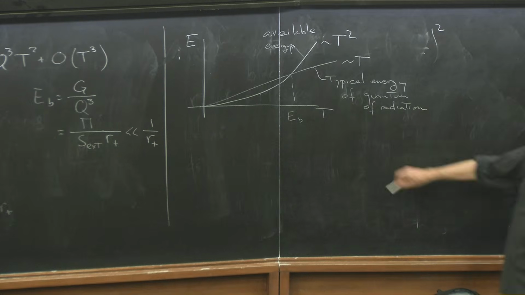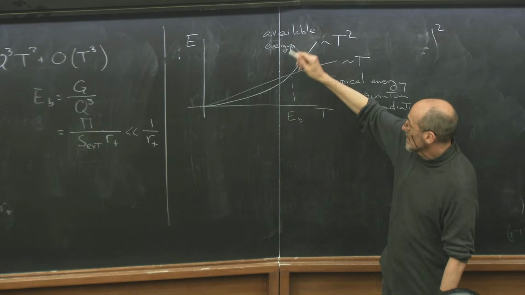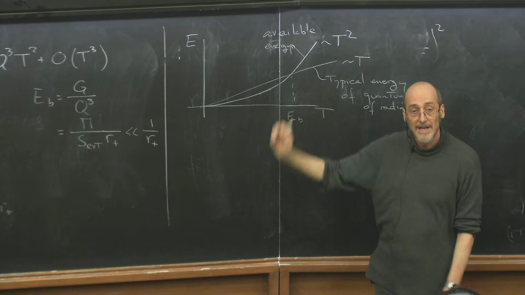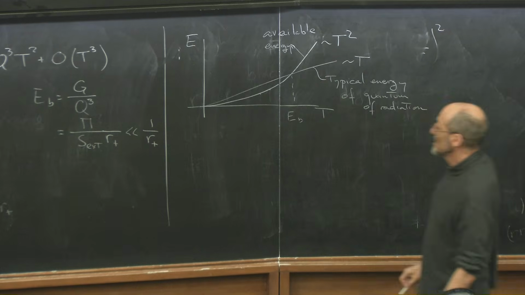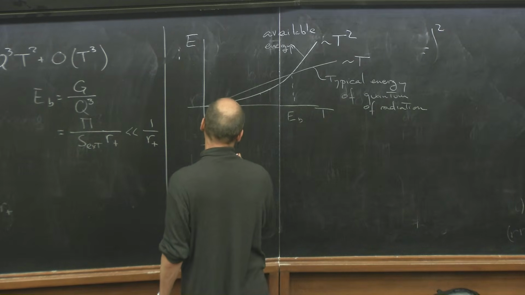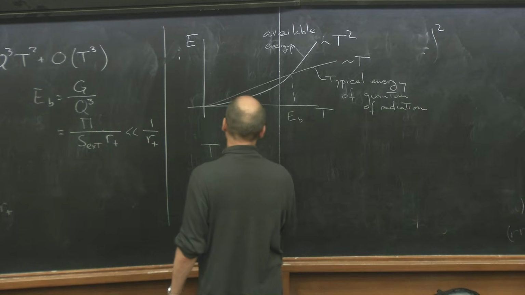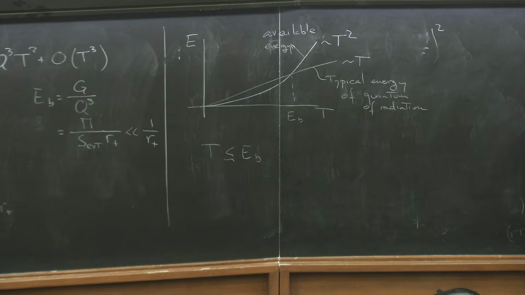The emission of a single quantum of radiation is going to have a large effect on your black hole. It's not going to be a small perturbation. So in this regime, for temperatures of this order or less, semi-classical thermodynamics will break down. You have large fluctuations. The emission of a single quantum is a large fluctuation.